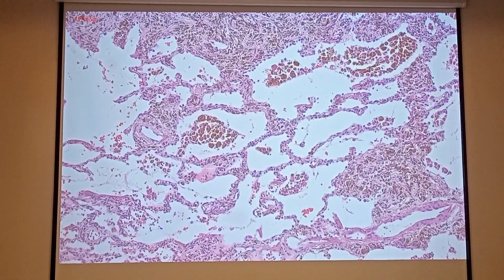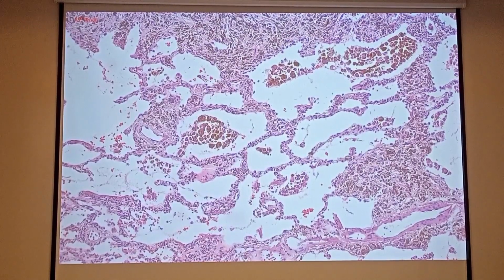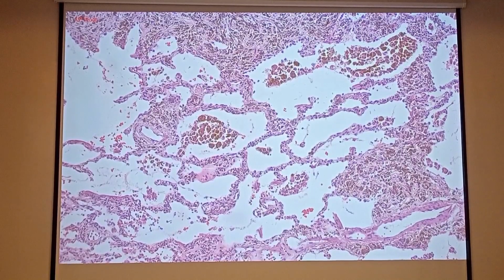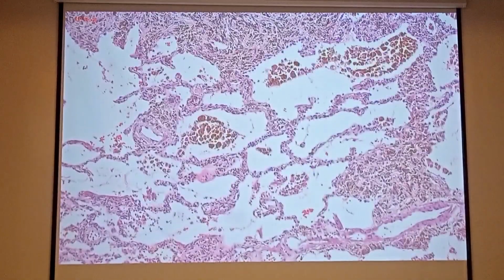Its main function is to exchange gas. Normally it is very thin, almost very flimsy, and almost only composed of the capillaries that run through the walls. But here they are thickened because of increased deposition of collagen fibers.